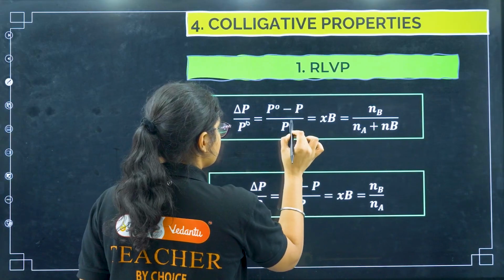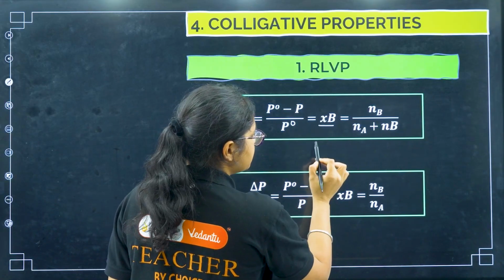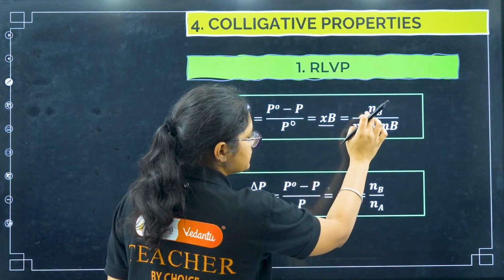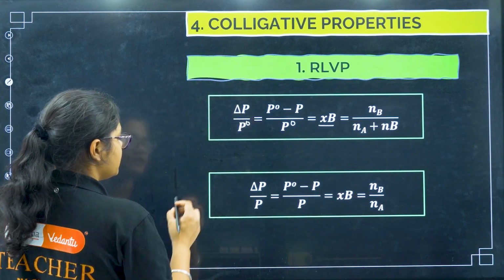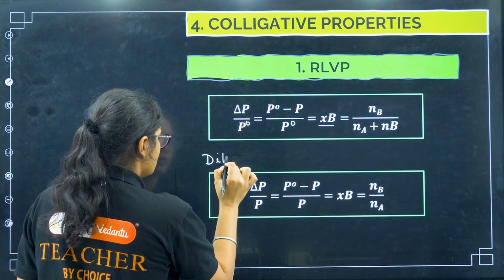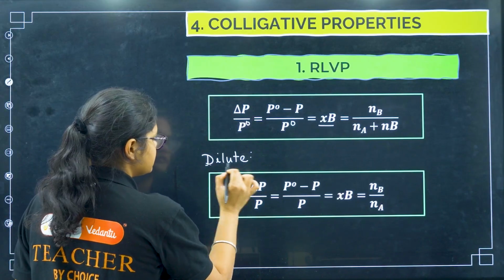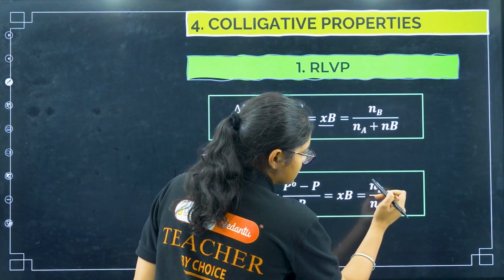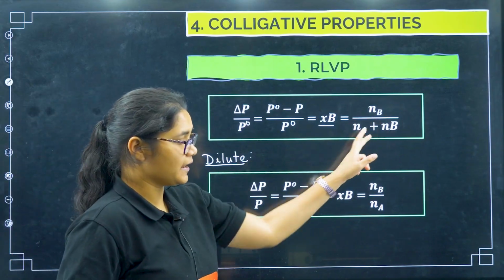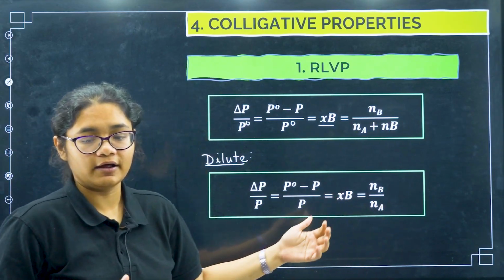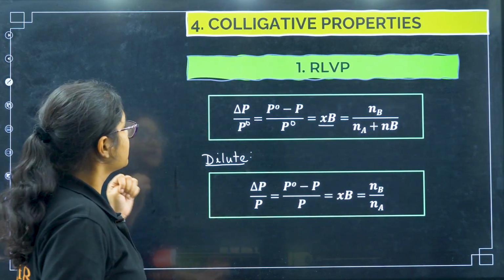Next, relative lowering of vapor pressure, delta P by P naught. Here, delta P by P naught is equal to XB. XB is the mole fraction, that is nB by nA plus nB. You can write that down. If the solution is very dilute, then in case of dilute solution you can use XB equal to nB by nA, since nB can be neglected in certain cases.